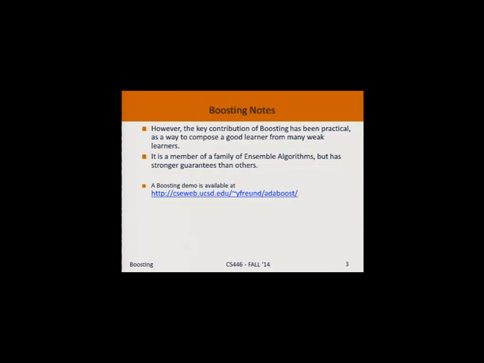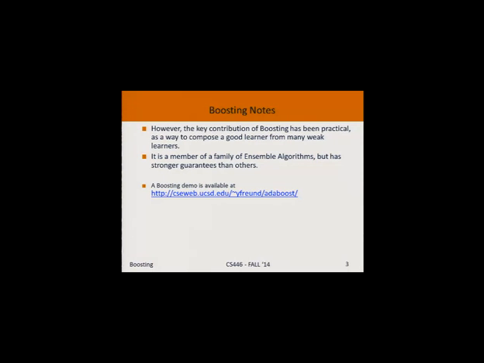But really the key contribution, it turns out, after 20-some years, of boosting has been practical. It's really a way to compose a good learner from many not so good learners. And it's a member in a family of ensemble learning algorithms, but it has the best theoretical guarantees and theoretical understanding of these members.